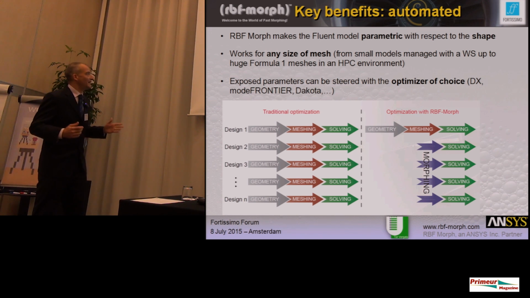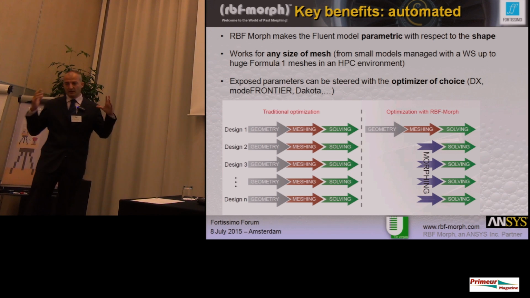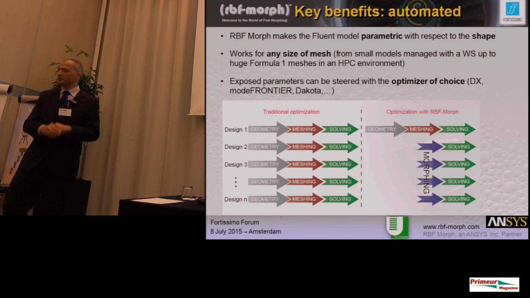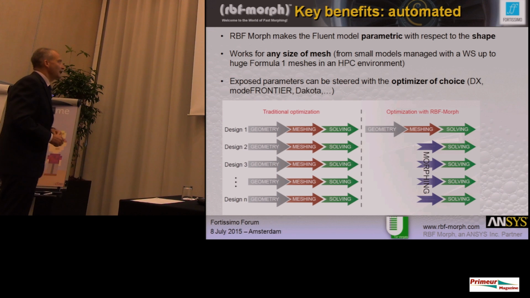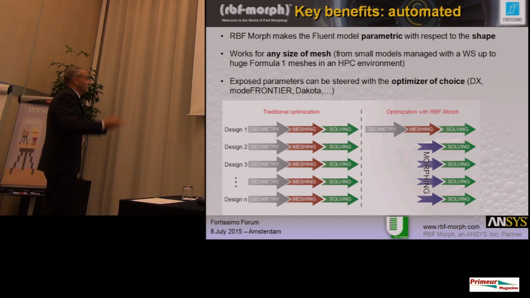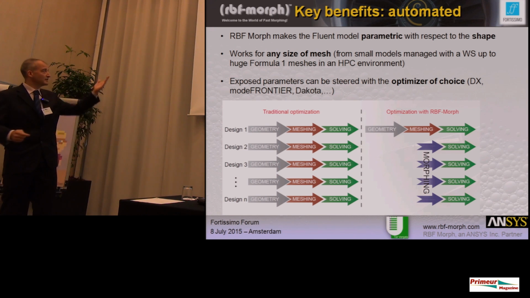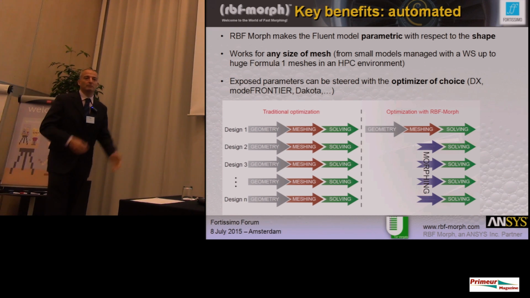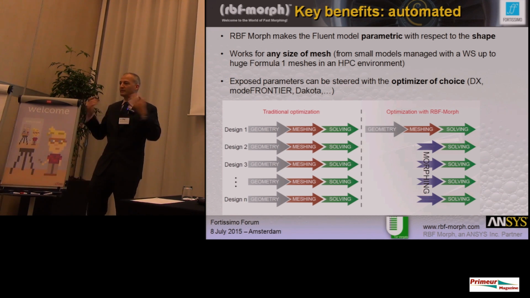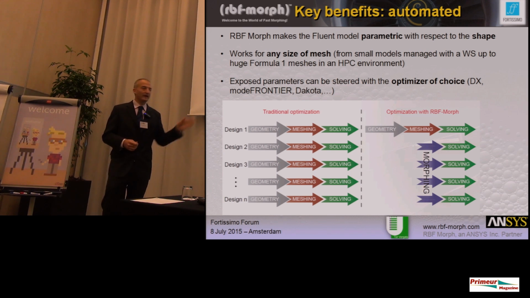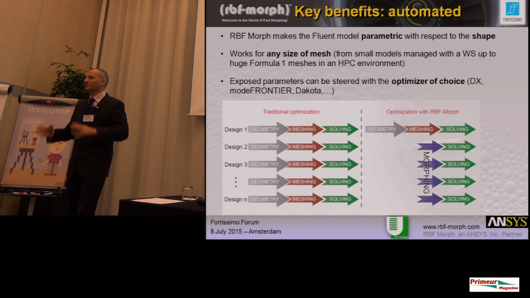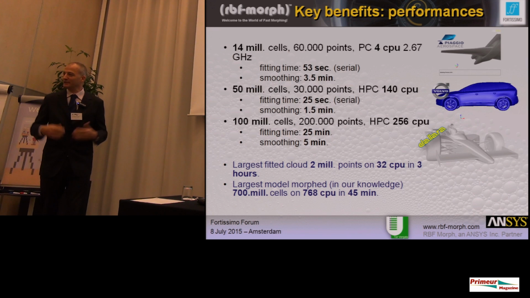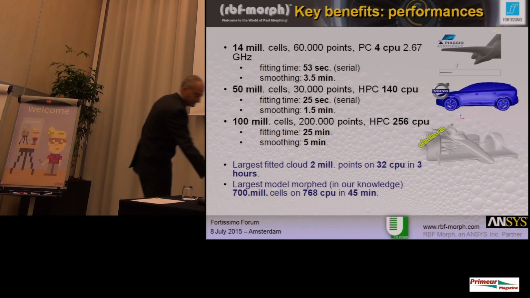So we can have an automated optimization workflow in which we reshape the components, and we can drive this optimization with many tools. For instance, DX, ModFrontier, Dakota, MATLAB, custom application scripts, whatever you want. Our expertise is to provide shape parameters. It's up to the end user to decide the strategy.